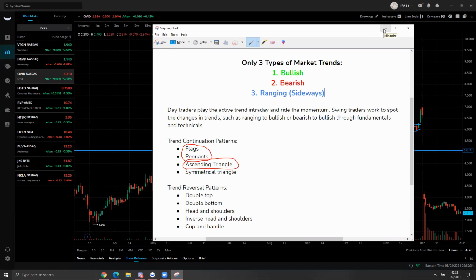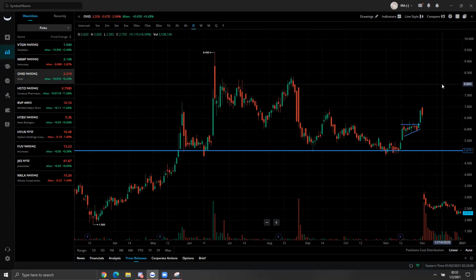They're much more short term, but flags and pennants are essentially when price is consolidating in a tight range for a short period of time, right? But it's not pulling back as much as an ascending triangle pullback would be. Instead, it's pulling back in a tight range, and it's potentially getting ready to make a move higher very soon, or a continuation of the current trend.